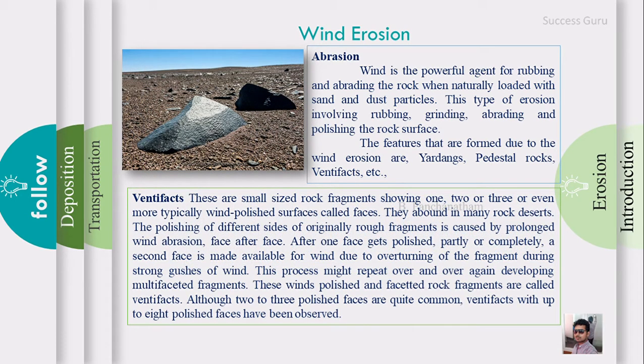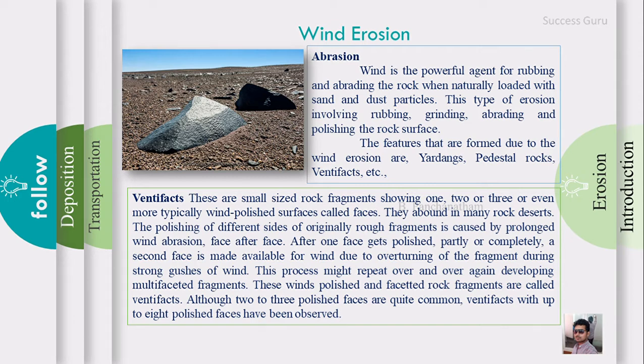The next one is the ventifacts. These are small-sized rock fragments showing one, two, three or even more typical wind-polished surfaces, which are called faces. They are abundant in many rock deserts. The polishing of different sides of an originally rough fragment is caused by prolonged wind abrasion phase after phase.